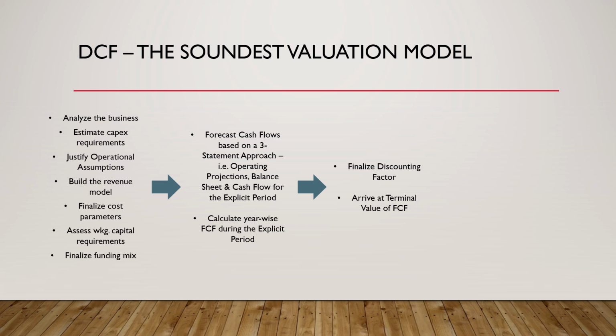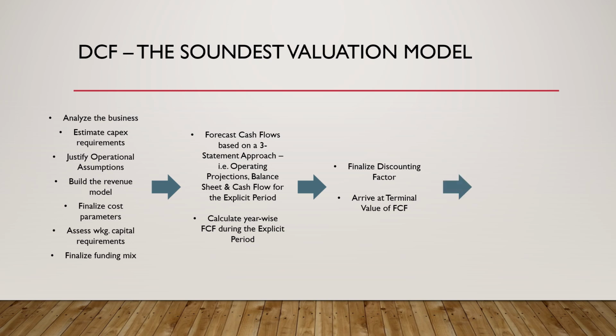Once we have our discounting factor, we can calculate the terminal value of the FCF, that is, value of all free cash flows that we expect to accrue to the business beyond the explicit period. Because remember, the company you are valuing is not going to shut down after the 5th or the 7th year from now. It will carry on as a going concern, so we need to have an idea of the present value of all future FCF beyond the explicit period as at the end of the explicit period.